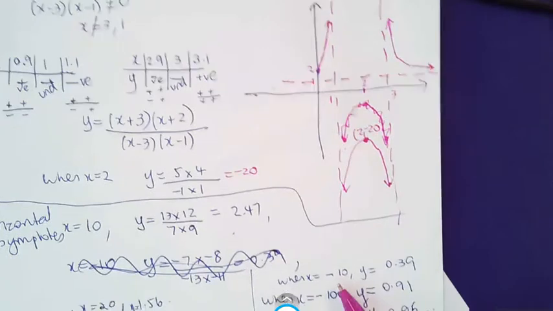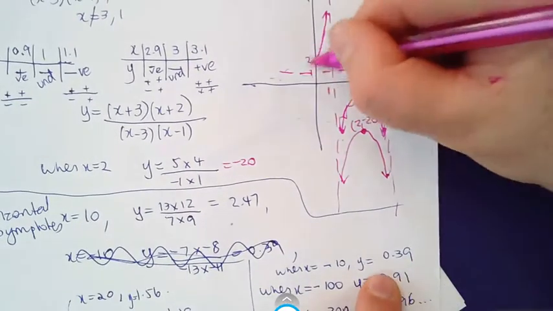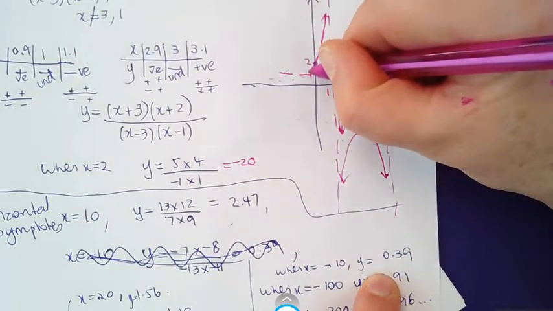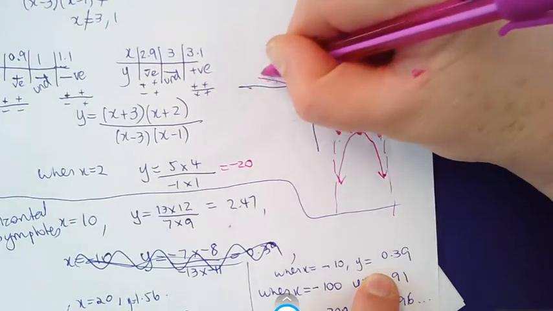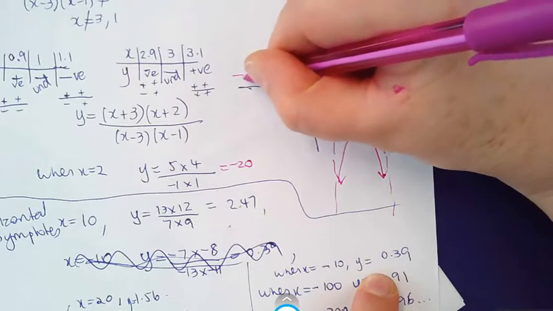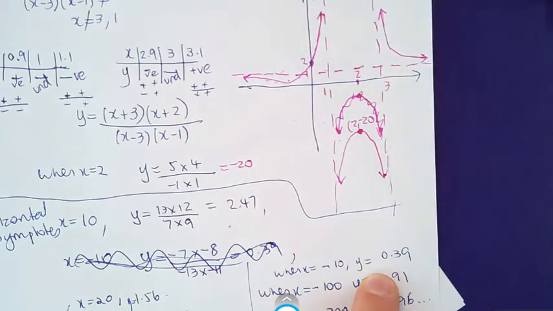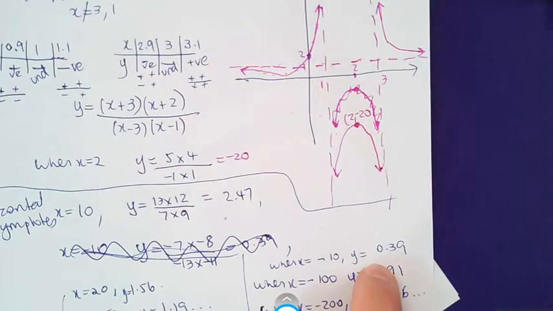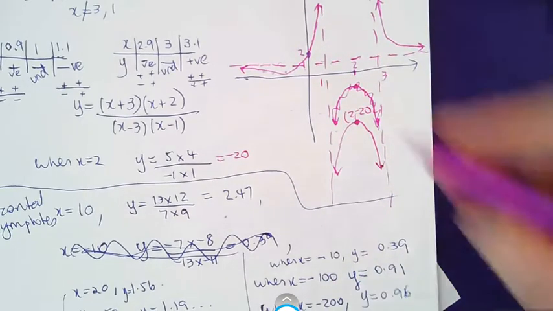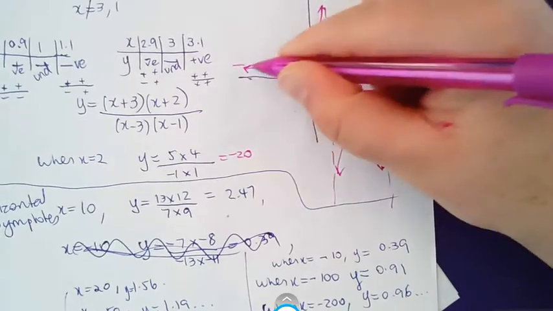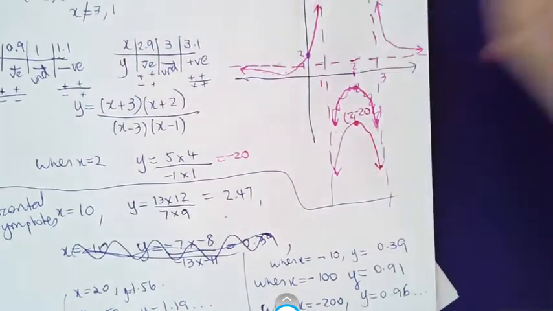x equals negative 10, you get 0.39, which is below the line. So it actually goes below and then it approaches the line. Now, I think this is probably a little bit beyond the scope of the extension of the mathematics course. Okay, this is more extension. So you might say, but how can you cut an asymptote, a horizontal asymptote?